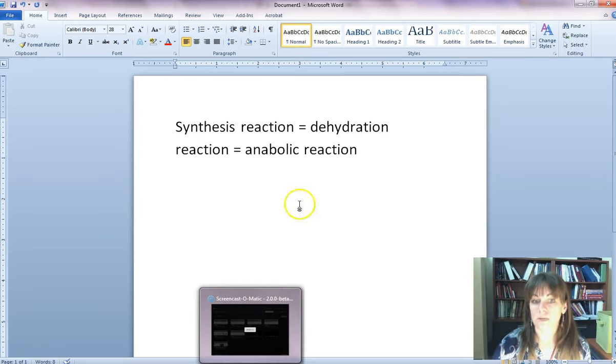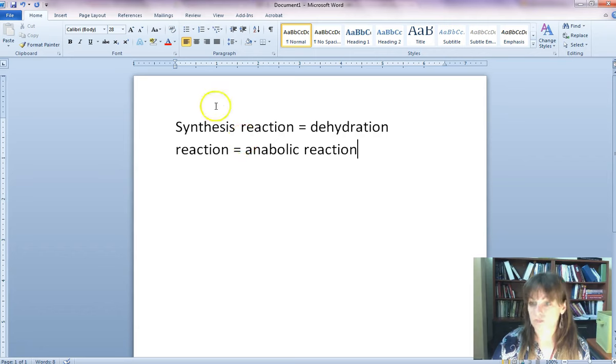Okay, that's what they're doing, is it's increasing the synthesis reactions in your body. There's a lot of negative side effects of that type of steroid use, but that's why you get that increase in muscle mass, is it's increasing these type of reactions in your body.